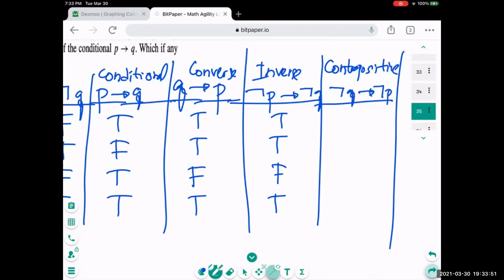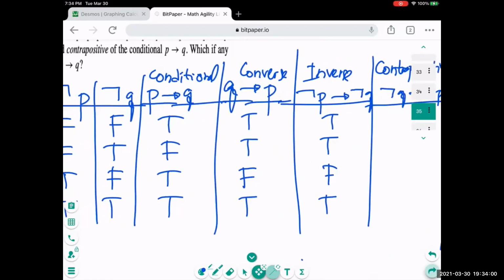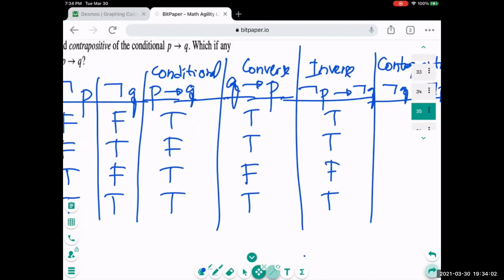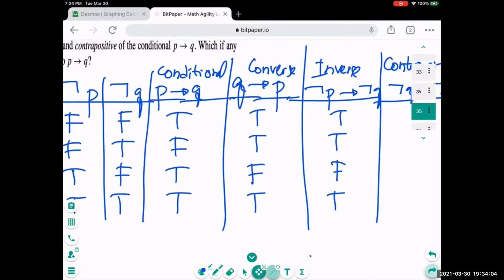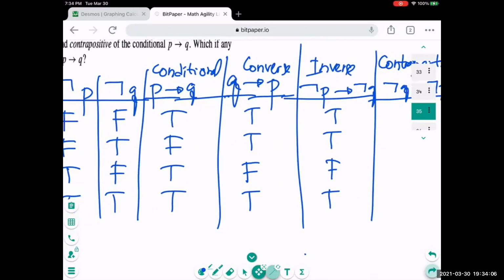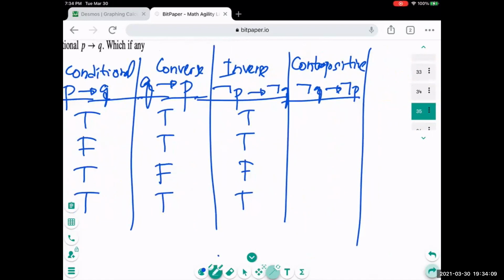Kaya contrapositive. So, let's look at the negation table. Dapat true and false, doon lang siya magpo-false. So, I think it's in the second row again. Doon lang siya magpo-false. Second row, the rest would be true.